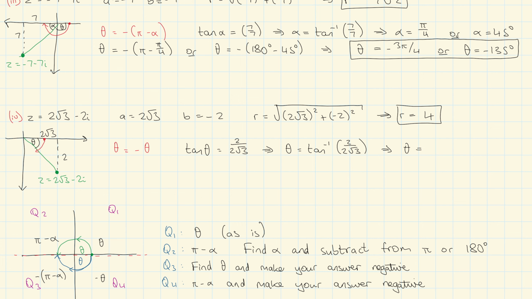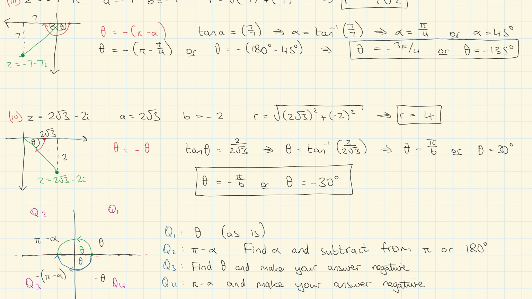In calculator, tan inverse of 2/2√3 equals pi/6. Or in degrees, that's 30 degrees. And then we know we're in Q4, we've moved in a clockwise direction, so we make our answer negative. So we get theta equals minus pi/6, or theta equals minus 30 degrees.